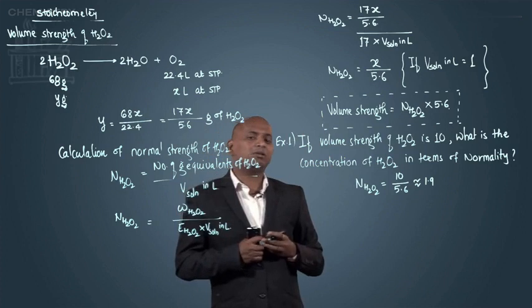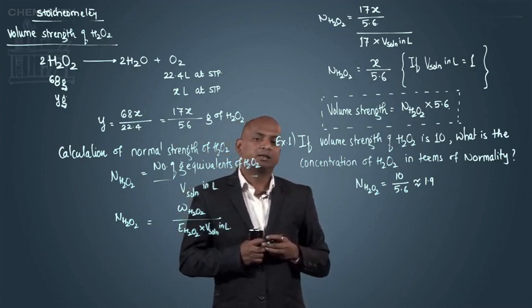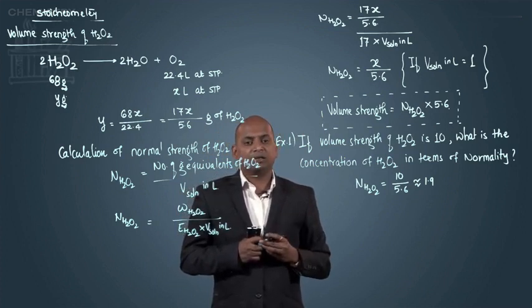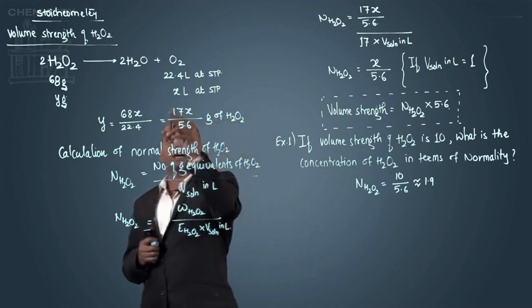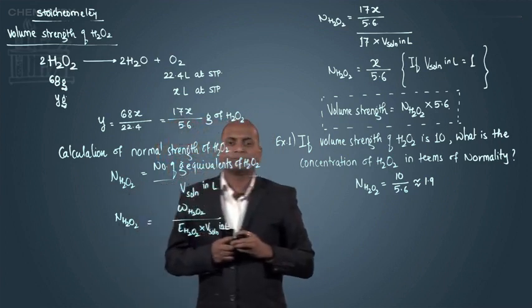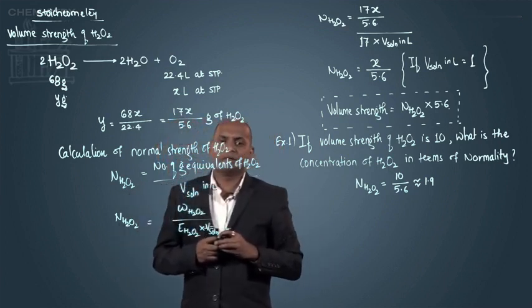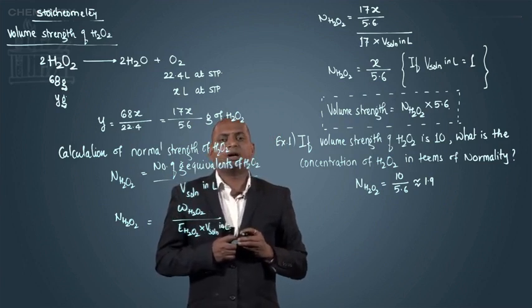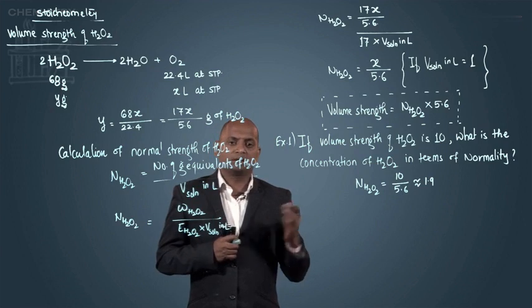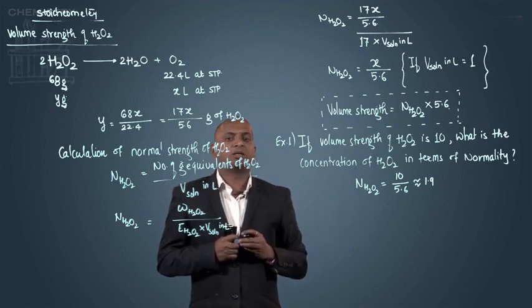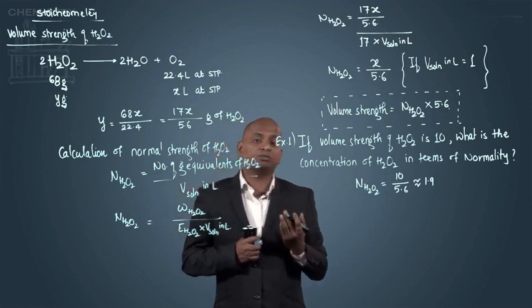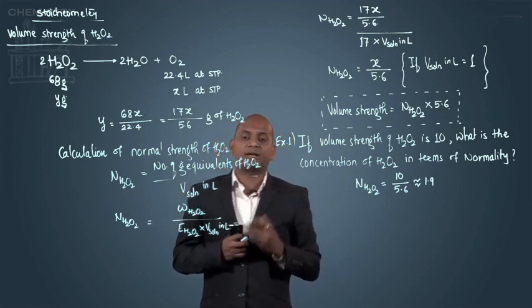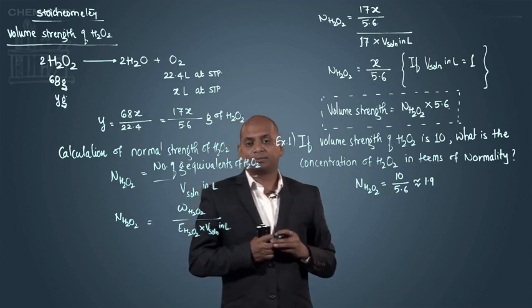Now, how can I calculate the percentage strength? To calculate percentage strength, we need to consider this again: weight of H2O2 divided by volume, 1000 if we consider 1 liter, multiplied by 100. So, the percentage strength which we are getting is the W by V concept.